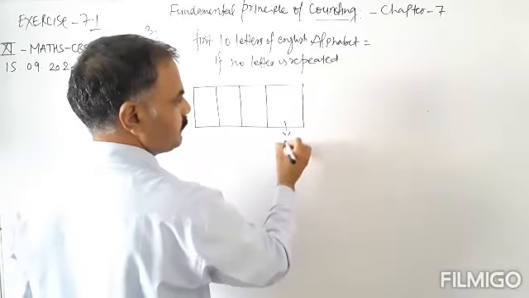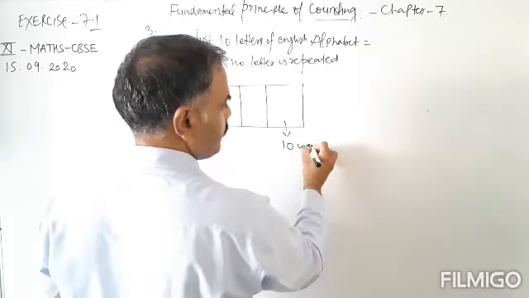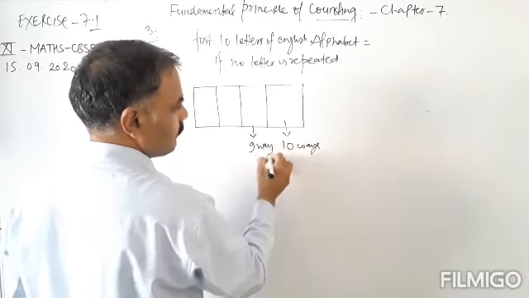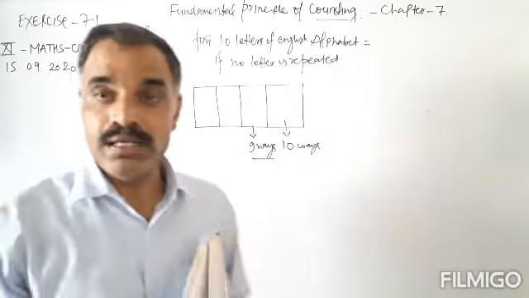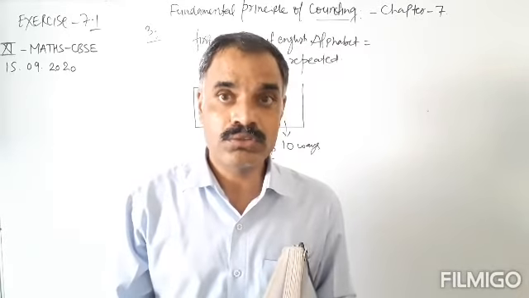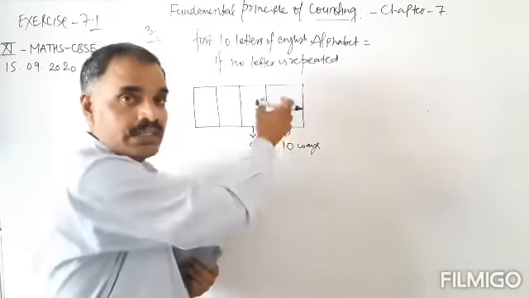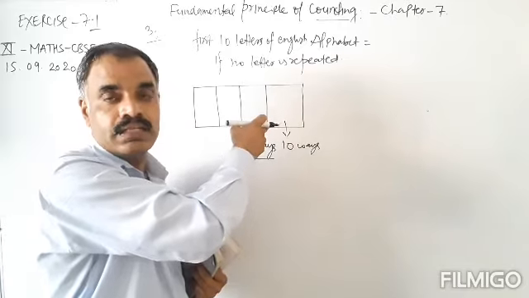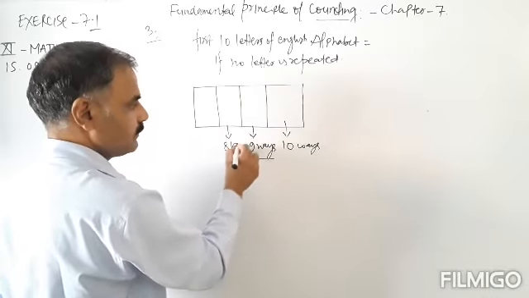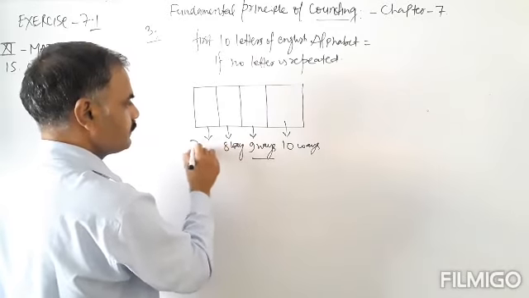This place can be filled in 10 ways, and this place can be filled in 9 ways only. Why 9 ways? Because repetition is not allowed, so the letter that we have used here cannot be used in this place. So 9 ways, then 8 ways, and then 7 ways.